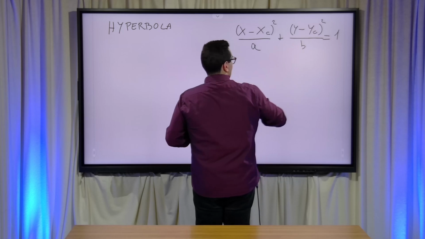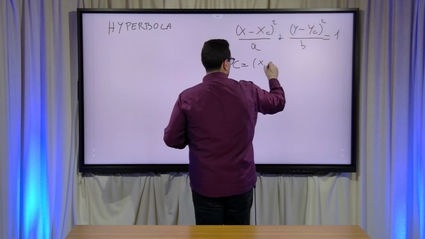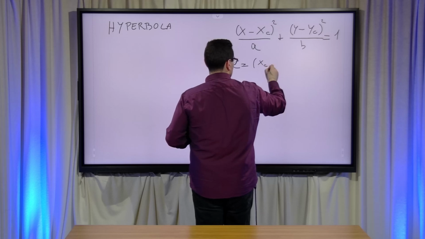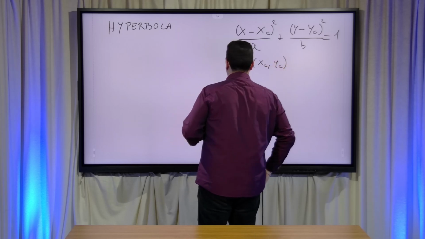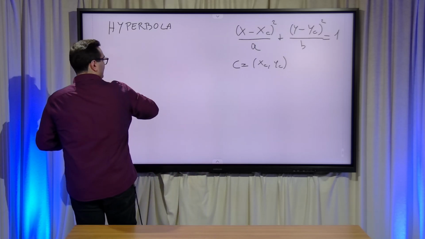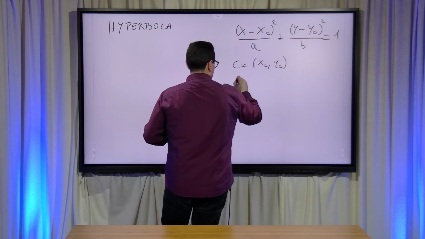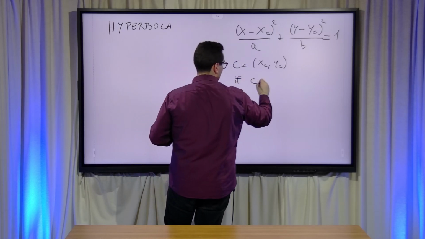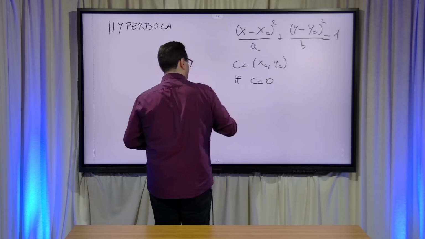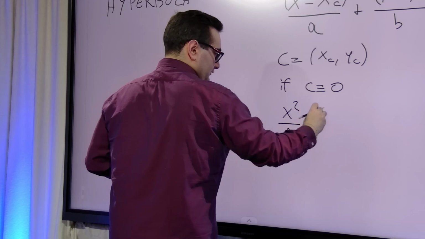What are xc and yc? These are the coordinates of the center of the hyperbola. It stands that if c is equal to the origin of the axes, the equation is simply this one.